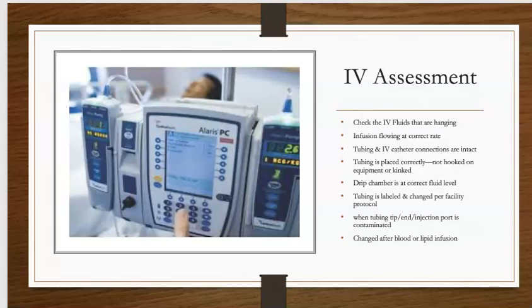If you see when we're administering IV medication that the tip of the IV is not covered or it's contaminated, we either need to change out the line or clean that appropriately. We also need to know what the protocol is at the facilities for blood and lipids. Each facility is a little different, so please make sure you know what the protocol is at the facility.